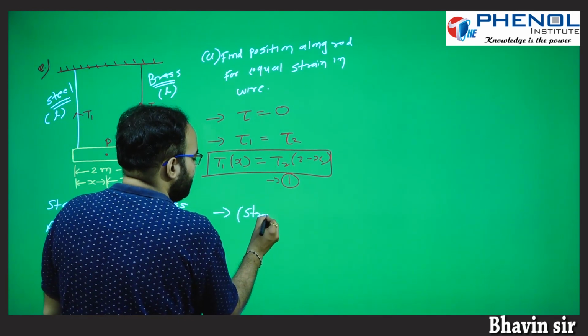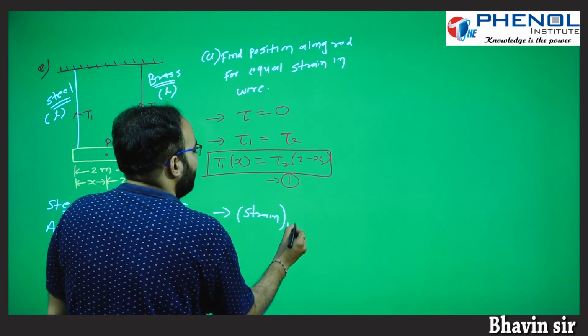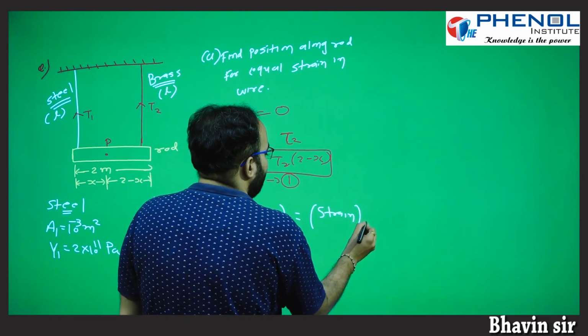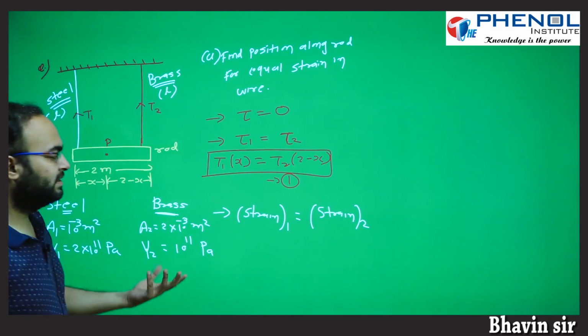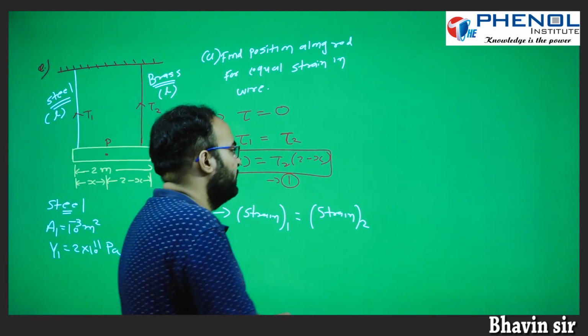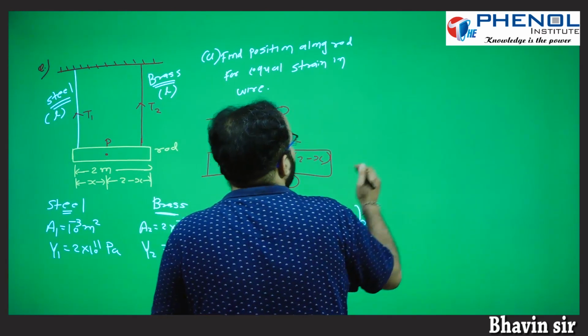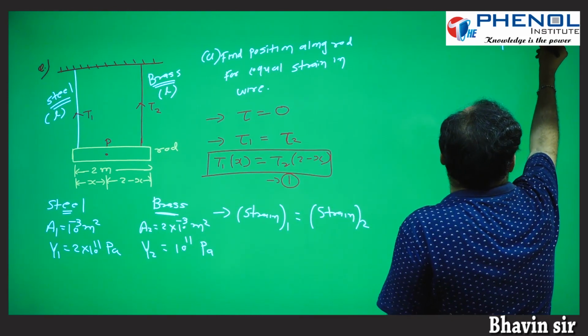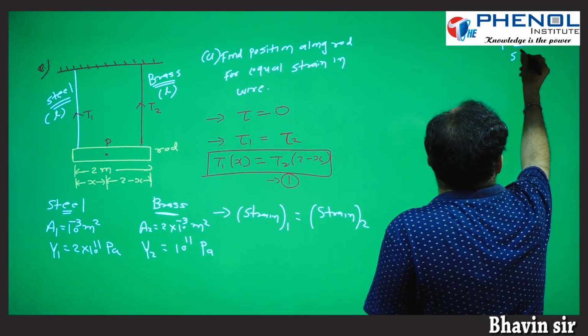Chalo, so now strain in wire 1 is equal to strain in wire 2. But see students, here strain delta L by L is not given. So Young modulus is given. So what is the meaning of Young modulus? Stress by strain.